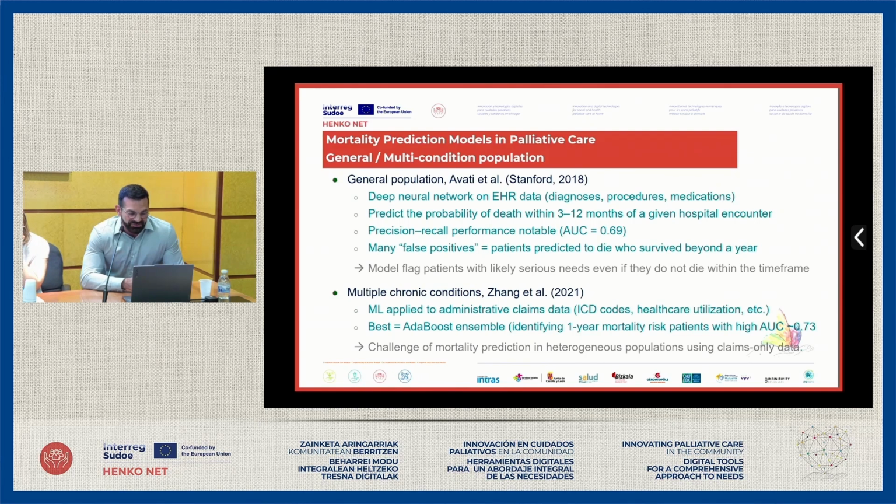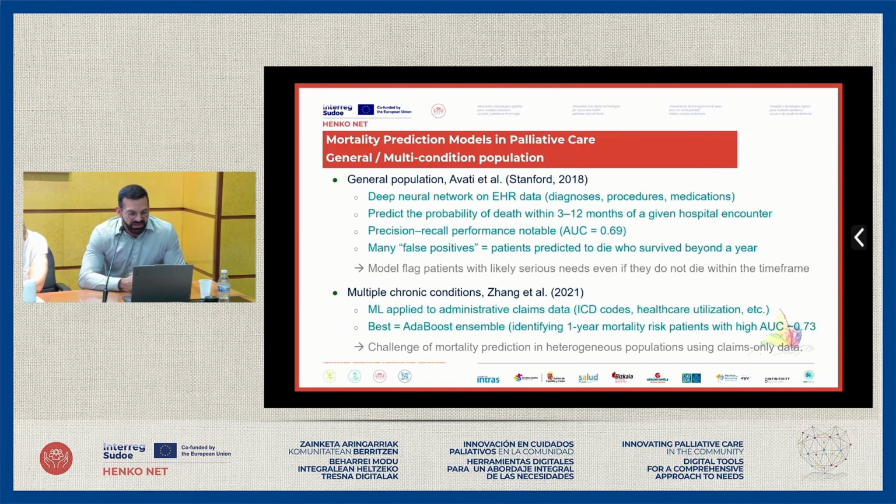And also the mistakes were interesting because there are a lot of false positives, meaning patients predicted to die but who finally survived beyond a year. And this kind of patient is also interesting to be seen by a specialized palliative care team, actually.